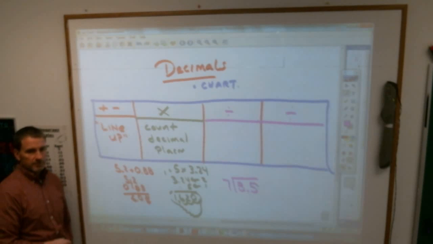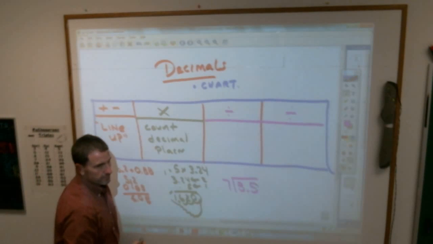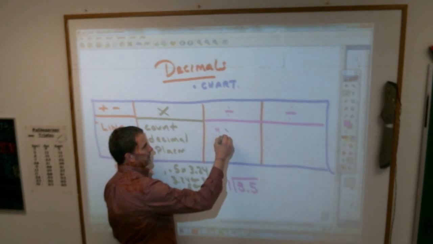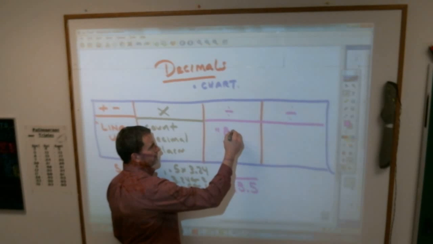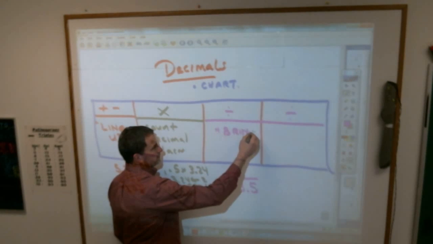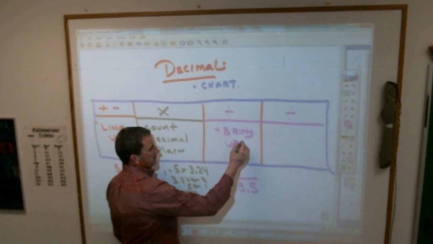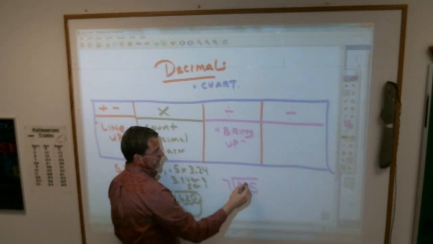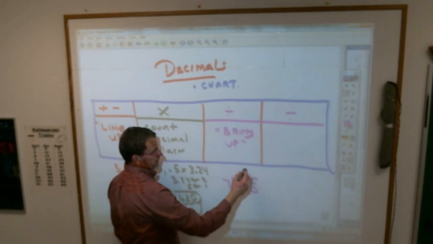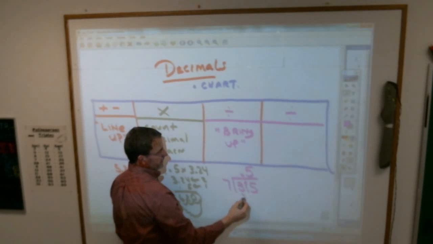I bring up the decimal, which means this decimal goes straight above where it started, and the answer is 0.5.